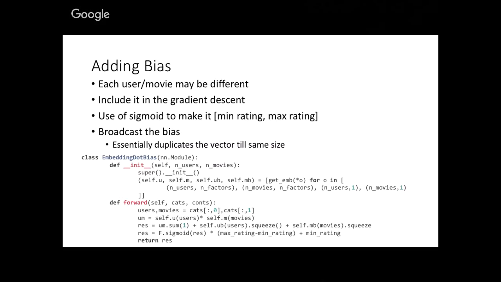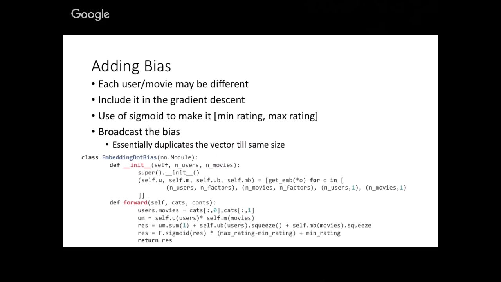What he did was add an additional bias to it. This bias is there because some users may like all movies better than others, so there's a shift in their ratings.